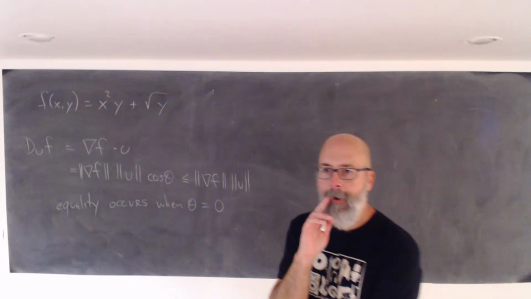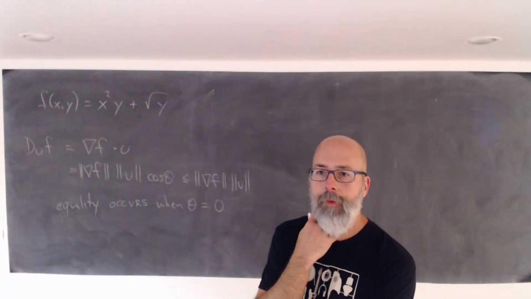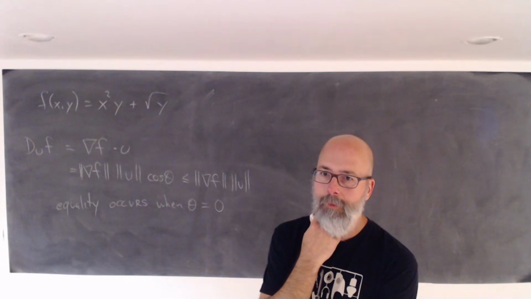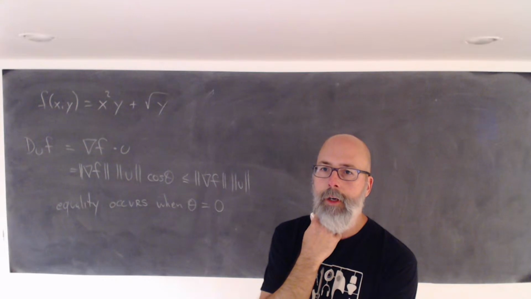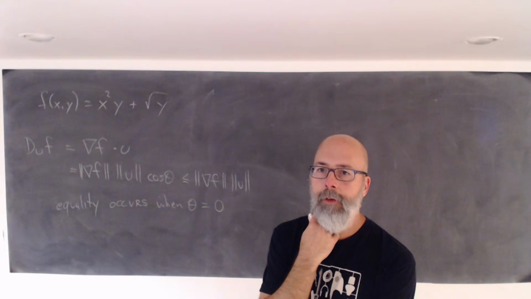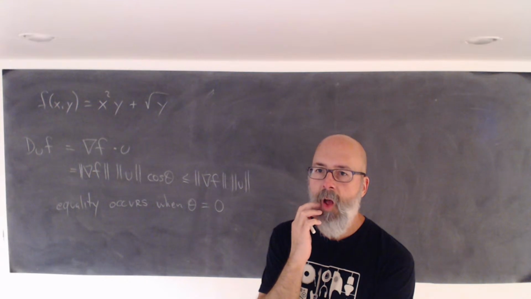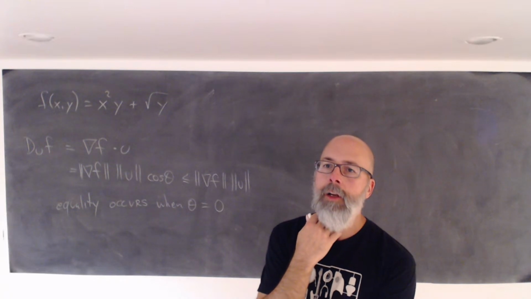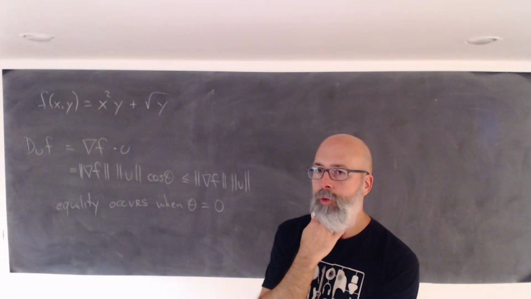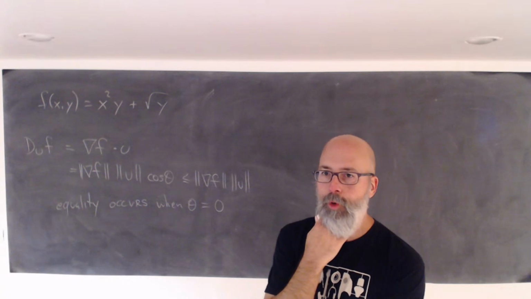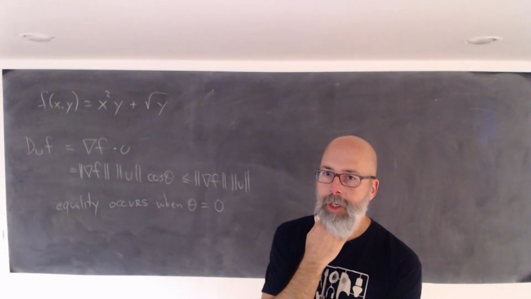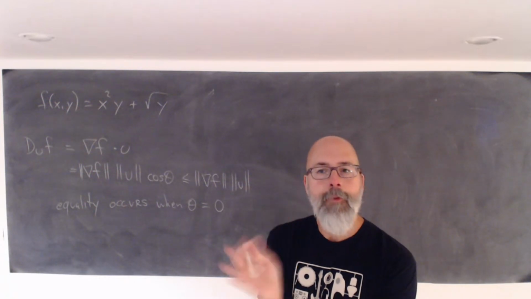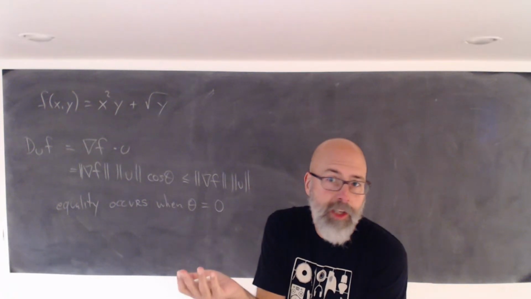Ranji is asking how to find the second derivative of a function. I'm not sure what you're asking here. Well, no. If you're given a function of two variables, you know how to find the second derivative.